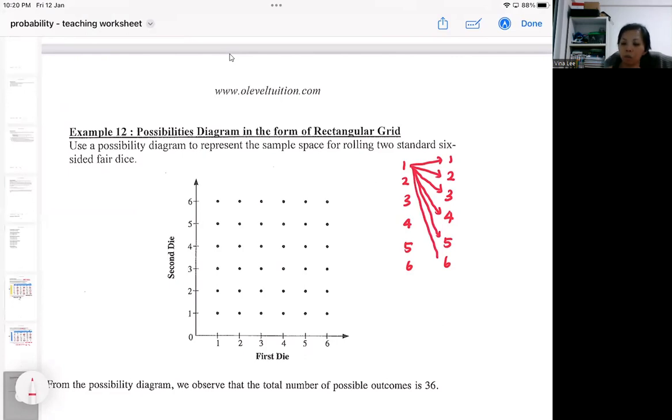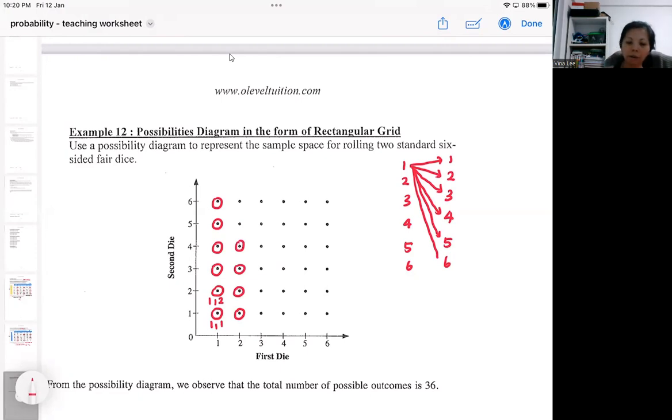So we can arrange them using dots. For example, this dot is like 1, 1. This dot is like 1, 2. 1, 3, 1, 4, 1, 5, 1, 6. So we use the dots to represent. Each dot is a possible outcome.